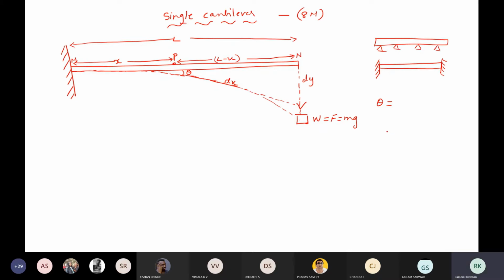Students, what will be theta? Theta is opposite by adjacent, so theta here is dy by dx. Now I continue this depression which has happened here.